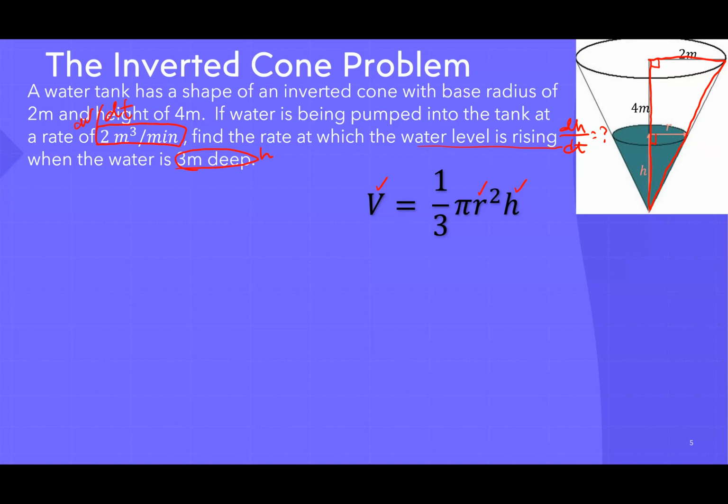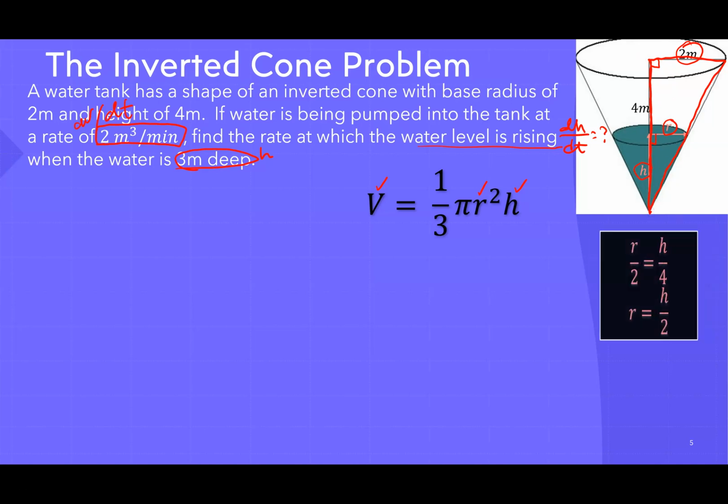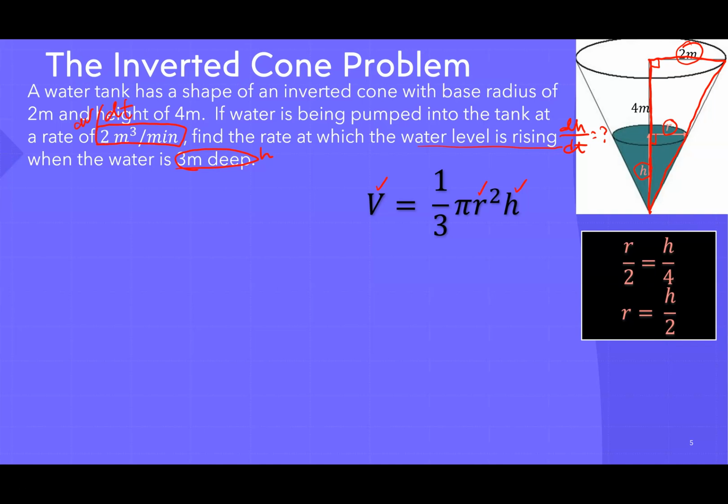With the similar triangles, we would say r is to 2 is the same as h is to this whole entire long length, and that is 4. So r is to 2 is the same as h is to 4, because within similar triangles, the lengths are correspondingly proportional.